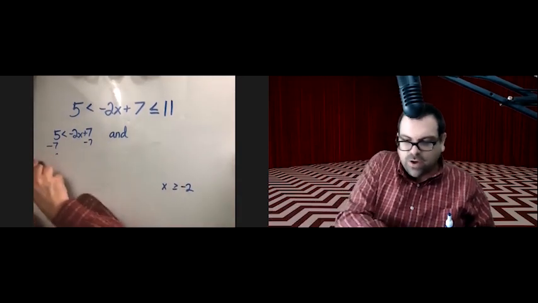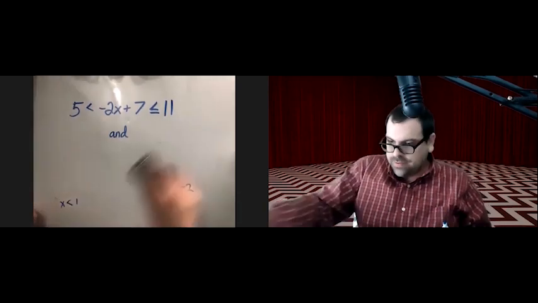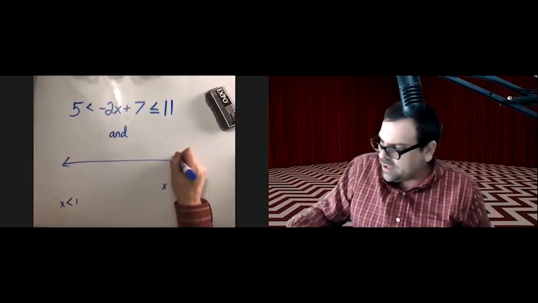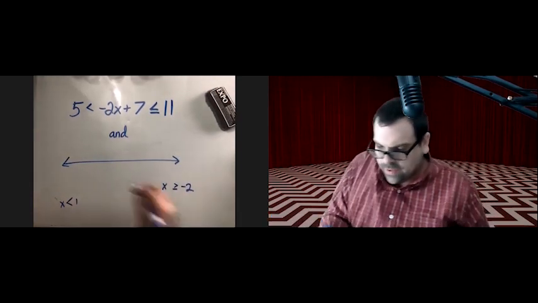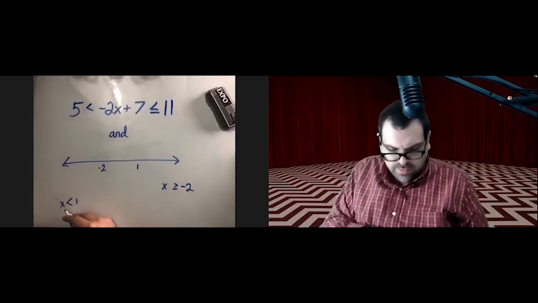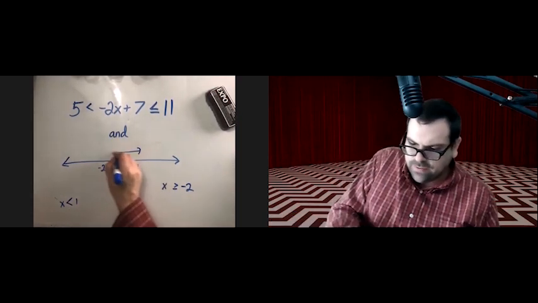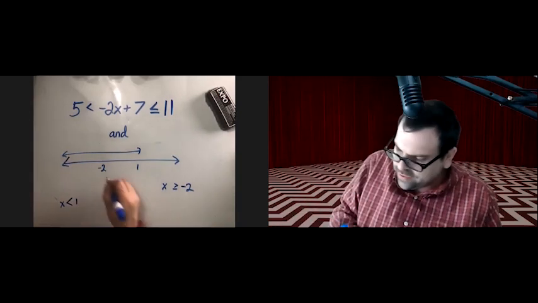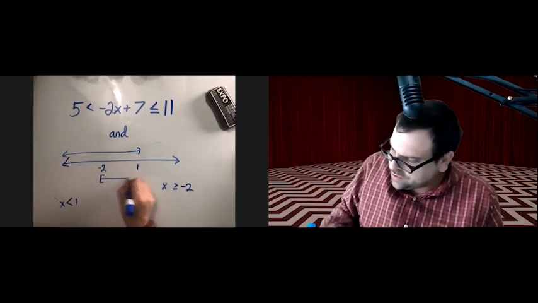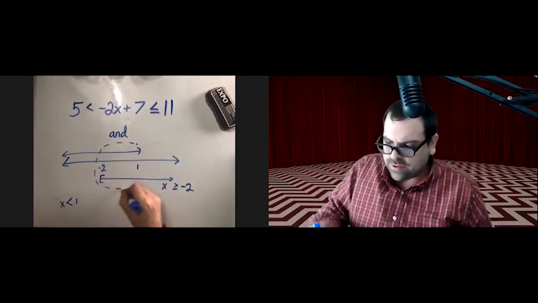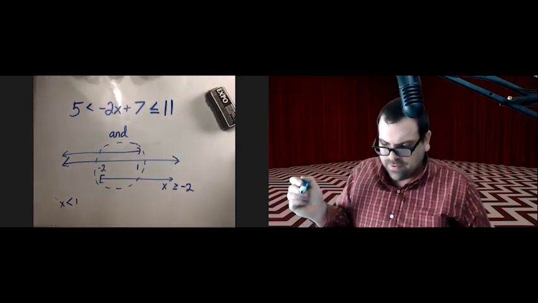And statement is the overlap. So if we think of the number line, negative 2, positive 1, we would have less than 1. We would have greater than or equal to negative 2. And our answer would be the overlap.